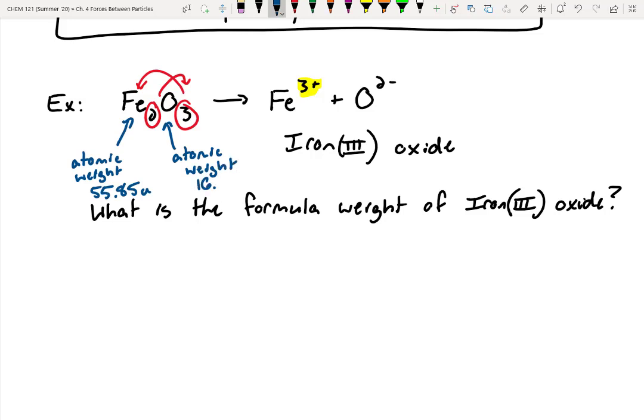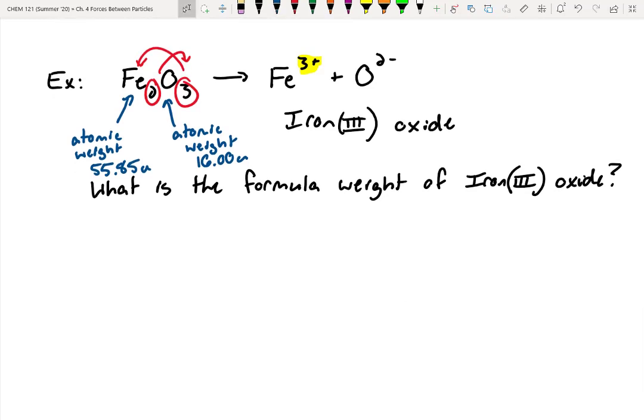It's going to be 16.00, right? So let's try to figure out the overall formula weight. Okay, so we've got one iron atom times 55.85, or shoot, we have two iron atoms, excuse me. So this is two atoms.